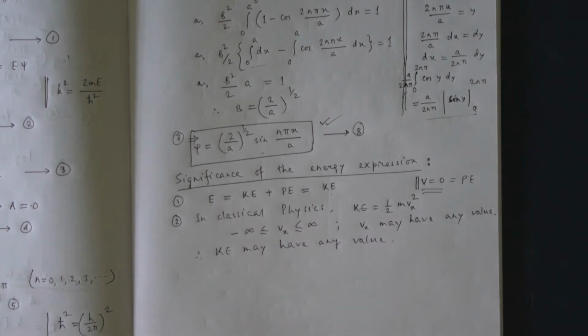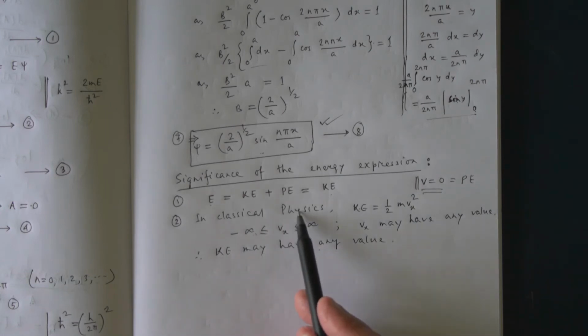Vx may have any value within this limit, so kinetic energy may have any value. Okay. Any value of kinetic energy is possible in classical physics.